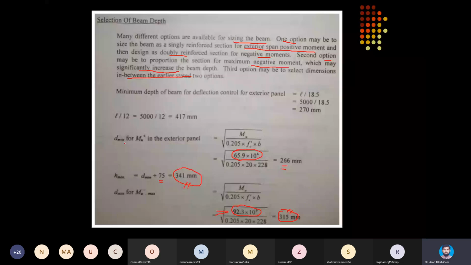In addition to the flexure demands, don't forget that serviceability based H need to be checked also against the deflections.